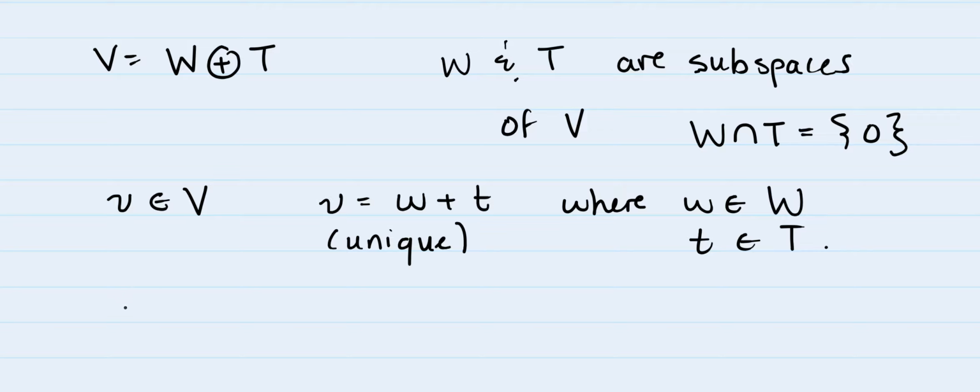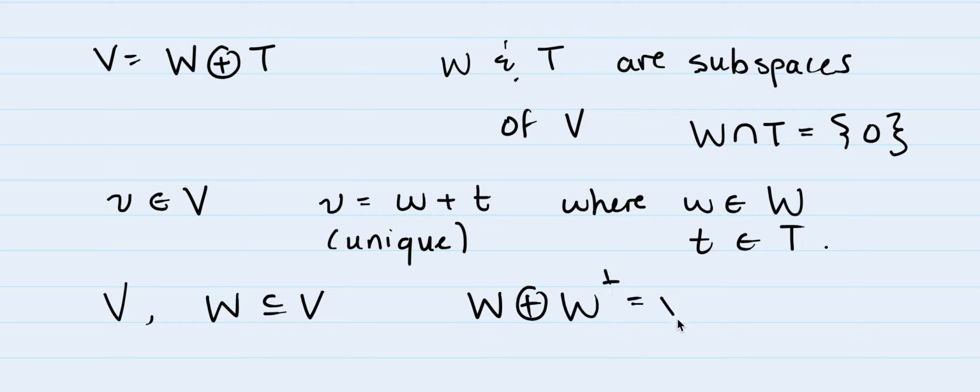We said things like V is equal to, if we had a vector space V and W was a subspace in V, then W plus its orthogonal complement was equal to V. We did stuff like this.